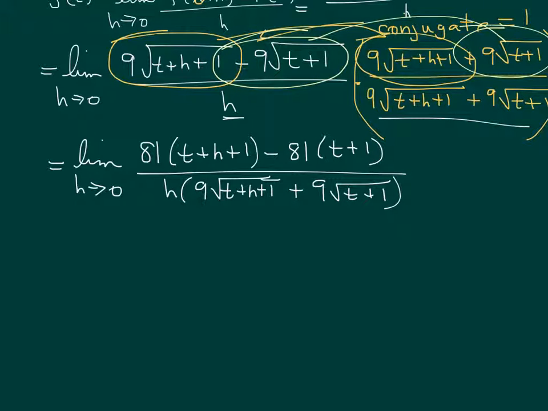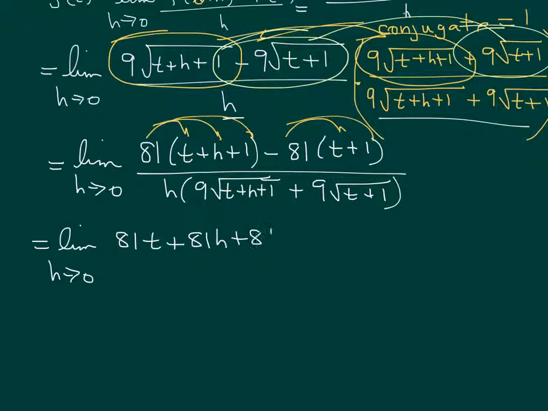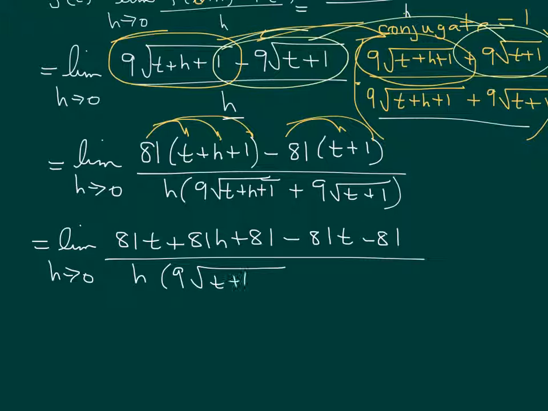Okay, so the top, let's go ahead and distribute these 81s and negative 81s. I get the limit as h goes to 0 of 81t plus 81h plus 81 minus 81t minus 81, all over the same stuff on the bottom: 9 square root of t plus h plus 1 plus 9 square root of t plus 1.